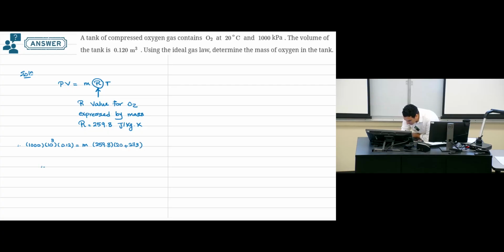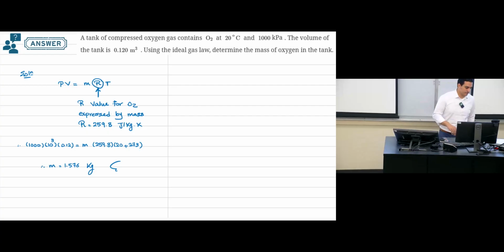Calculate the numbers, then you will find the value of mass, the same number, 1.576 kilogram, and that's it. Any one of them is correct. Questions?